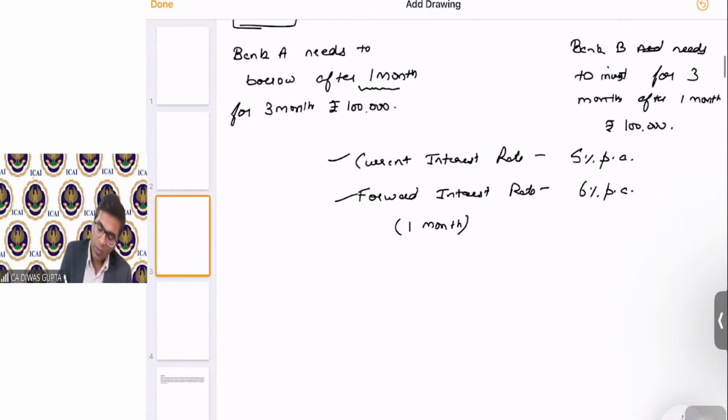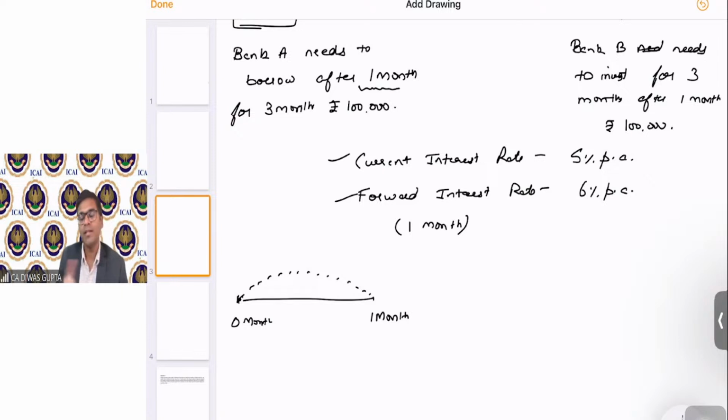So if I just plot it, this is 0 month, this is 1 month. We are standing here at the 0th month. From the 0th to the first month, no transaction is going to happen, because at the end of the first month we have to initiate a transaction and then borrow for 3 months.